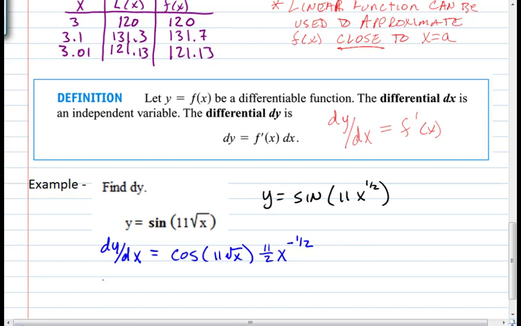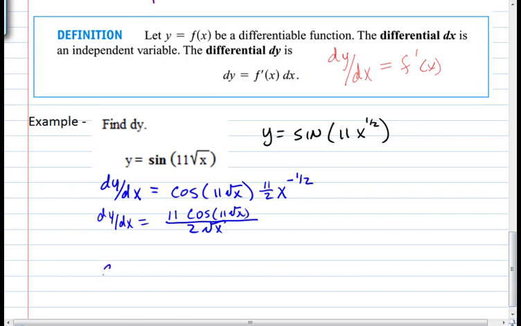Cleaning that up, we get dy dx is equal to 11 cosine of 11 square root of x over 2 square root of x. Y'all okay with that? And I'm not going to rationalize the denominator. So what we would come up with for our differential is dy is equal to 11 cosine of 11 square root of x over 2 square root of x, dx.